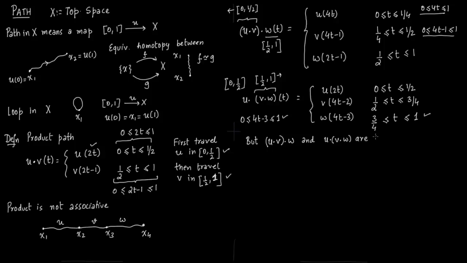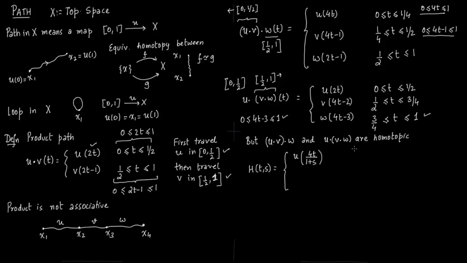You first travel u, then v, and then w. These are homotopic. So if we are saying they are homotopic, we have to write a homotopy between them. So let us write down the homotopy. You have u of 4t over 1 plus s.